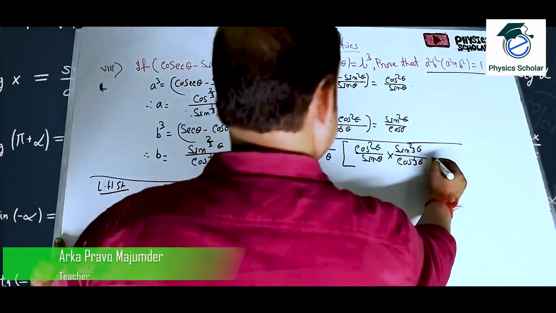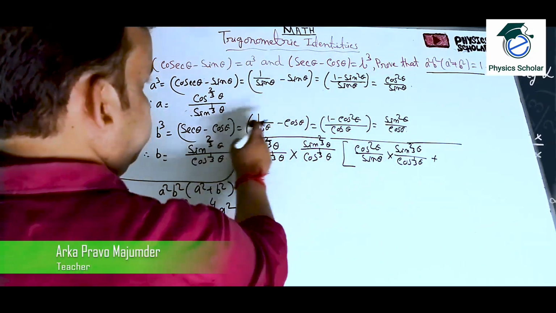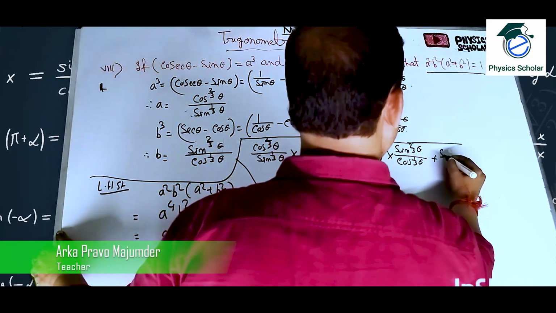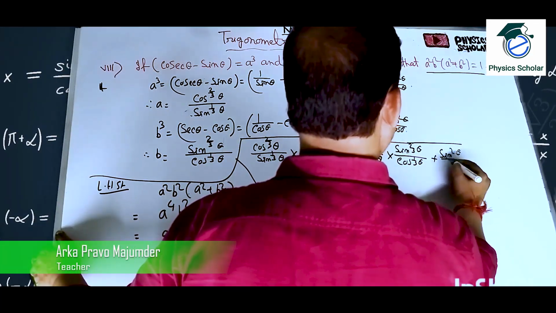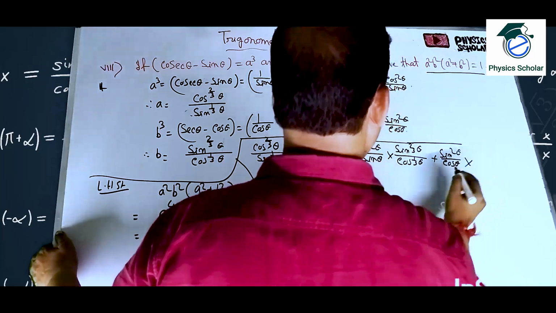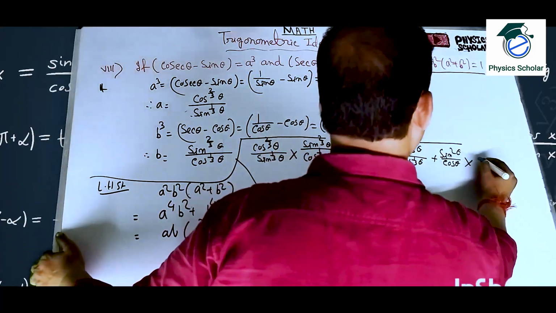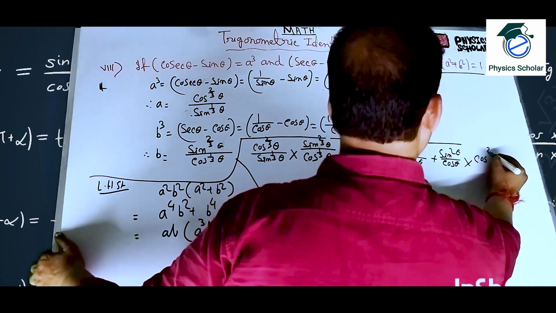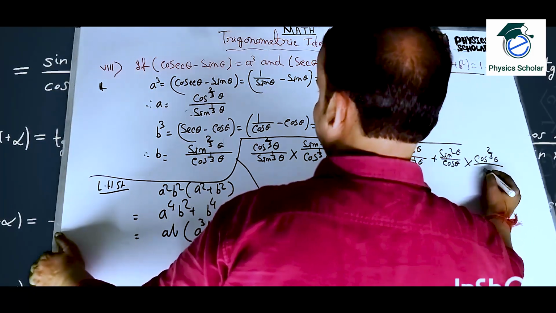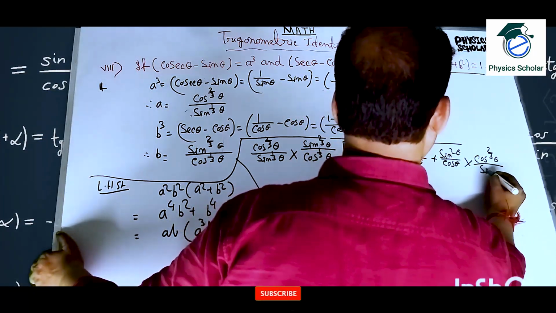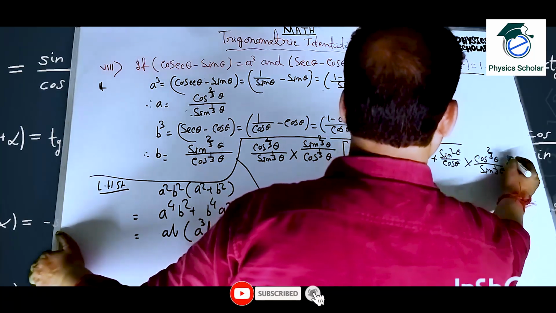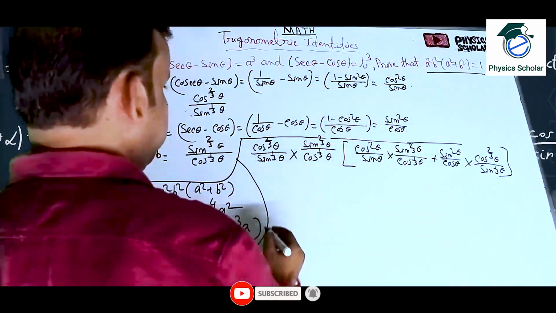Then plus, what is the value of b cube? b cube means sin² θ by cos θ, into what is the value of a? a means cos to the power 2/3 θ divided by sin to the power 1/3 θ. Clear? So that is the value.